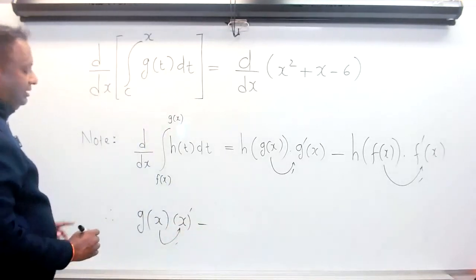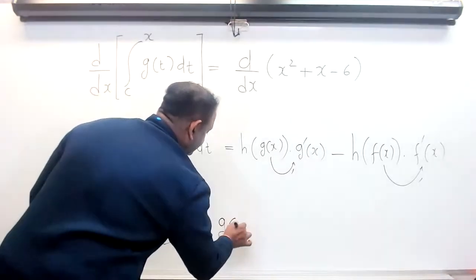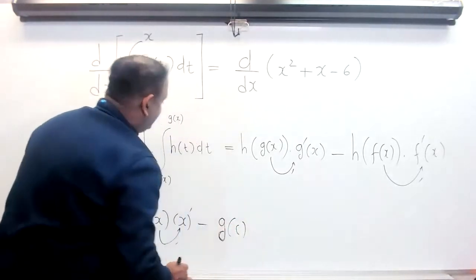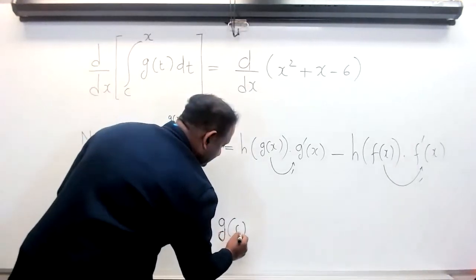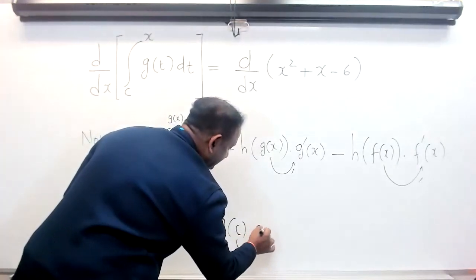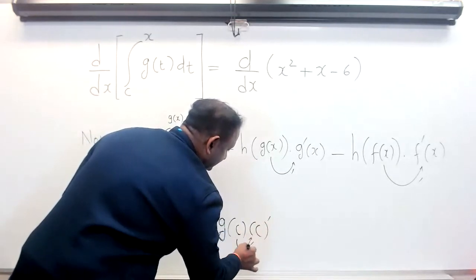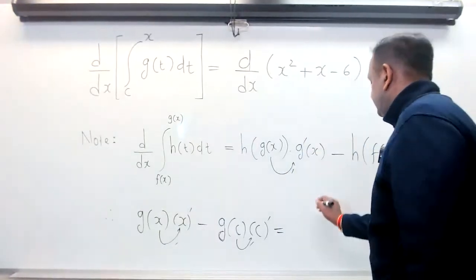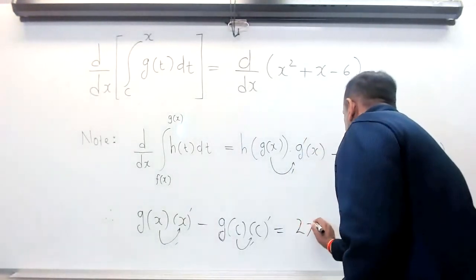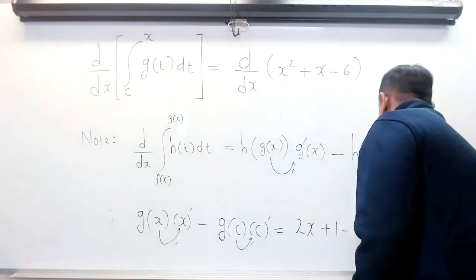Minus g of c; you replace t with c and take the derivative of c. I'm going to write it down first, which is equivalent to the derivative, 2x plus 1 minus 0.